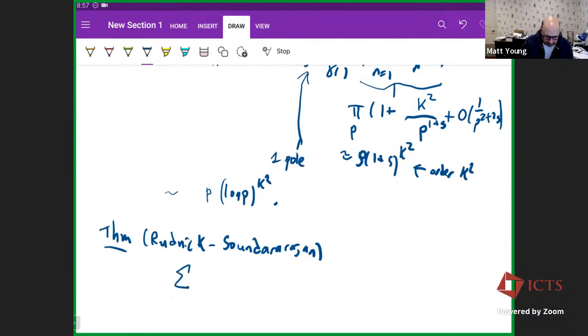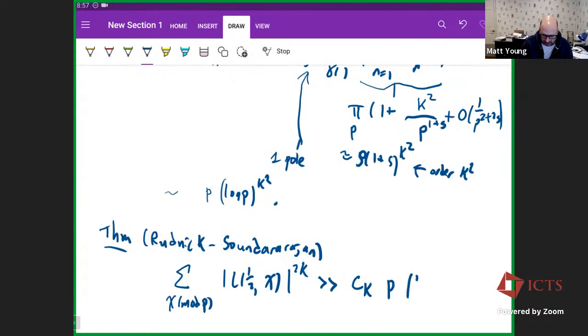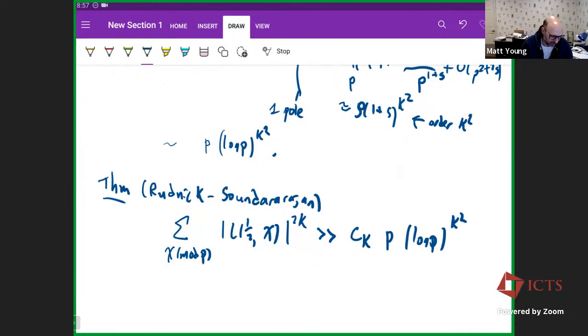And so the theorem is that if you sum over chi mod p, L of a half chi to the 2k, that's bounded from below by some constant depending on k, times p, and then log p to the k squared. And this is for positive integer values of k. So k is 1, 2, 3, etc. So it's a lower bound of the correct order of magnitude for the moment. Okay, and this is unconditional.